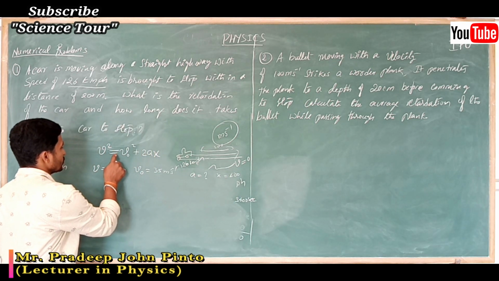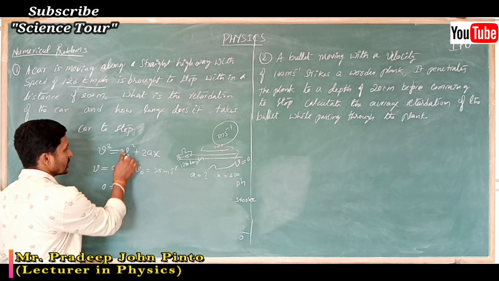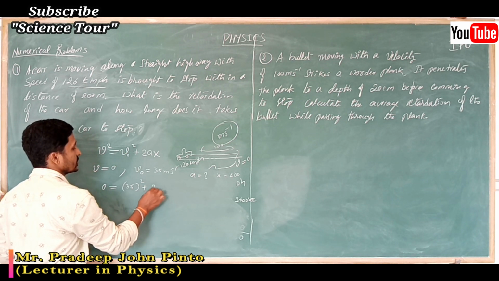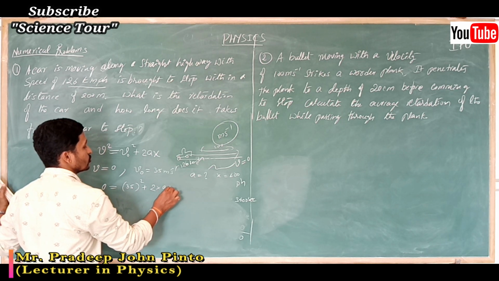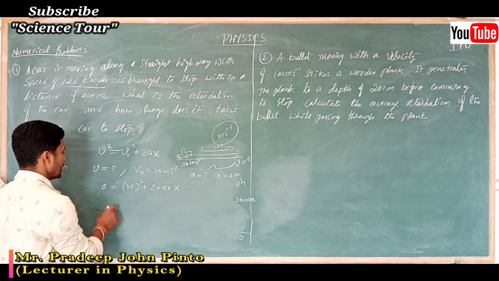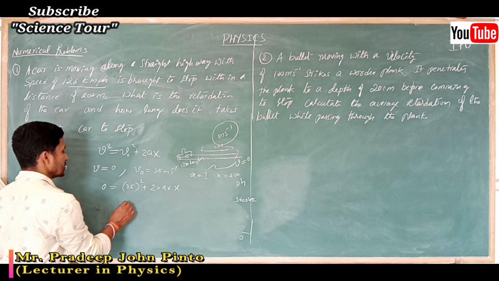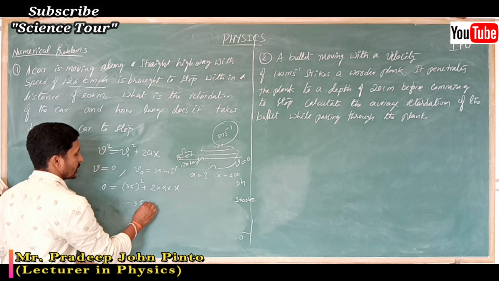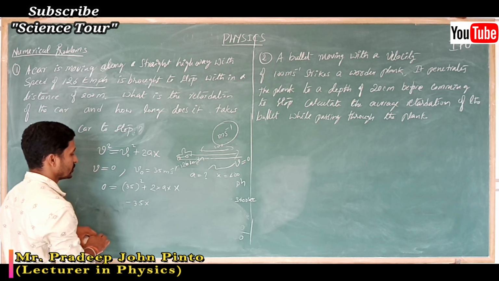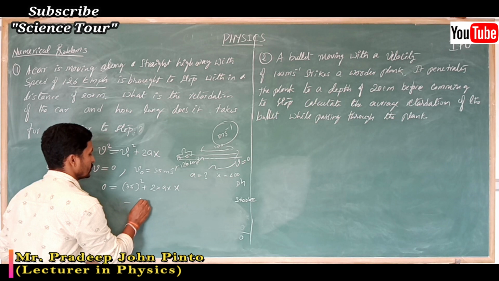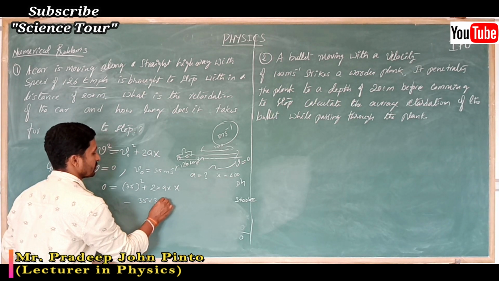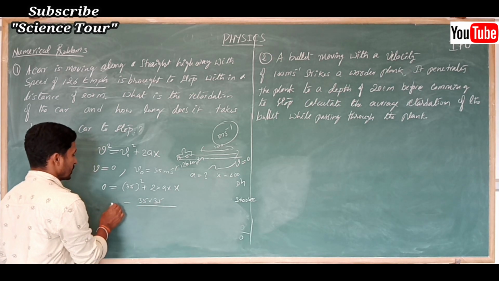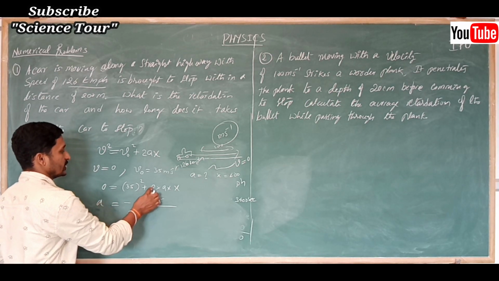Now substitute here. 0 is equal to 35 whole square plus 2 into a into x. The 35 square you bring here, it becomes minus 35 whole square, that is minus 35 into 35, equal to a into 2 into x.